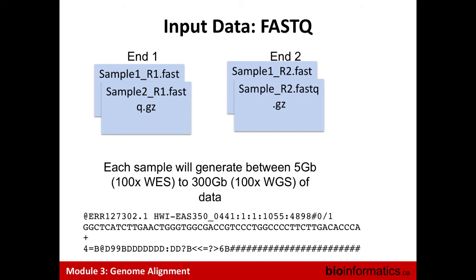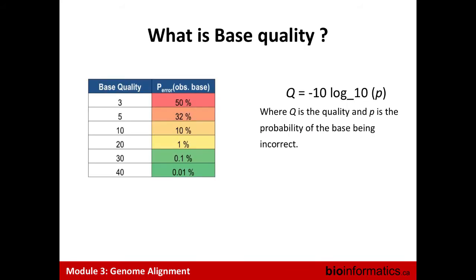The ASCII value of 4 is the value of your data. When I'm talking about value, I'm talking about the base quality. So these are the values that are given, and the values are what we call a Phred score. You will see that almost all the qualities in genomics are Phred scores.